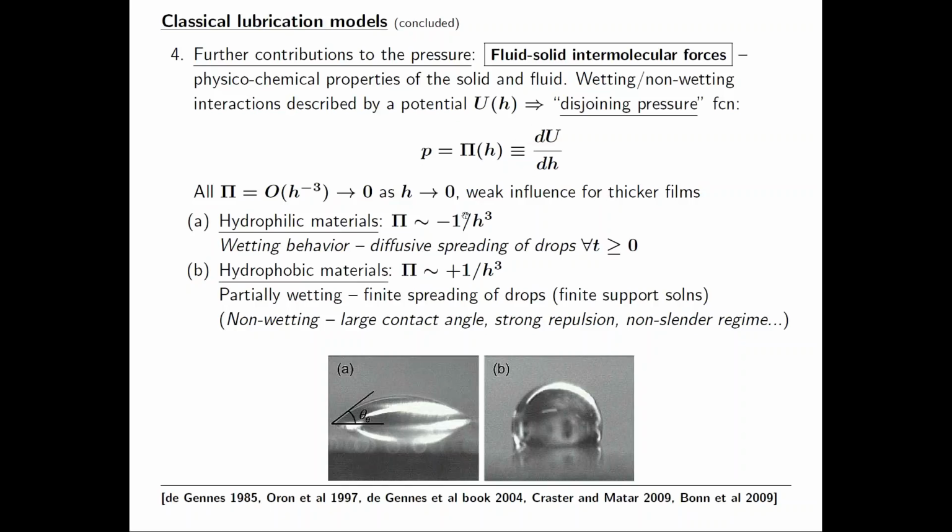Depending on the sign of that, we can describe either hydrophilic or hydrophobic materials. So just keep in mind, it will always be basically of this form. This is the leading order approximation, and you can derive this in a straightforward way from looking at particle interactions.